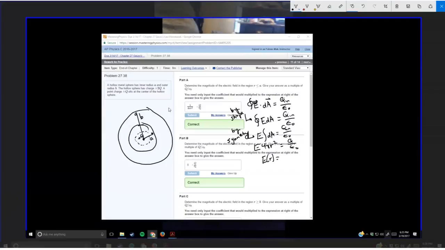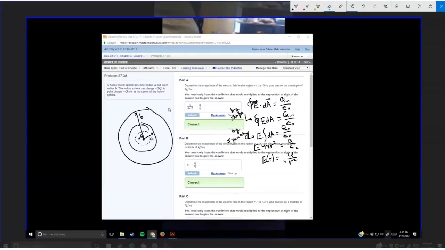So E as a function of r is going to be q, and when you divide both sides, you essentially get kq over r squared, which is pretty much Coulomb's law. The answer I have is essentially k, but we can't use k because it wants it in multiples of q over epsilon naught.